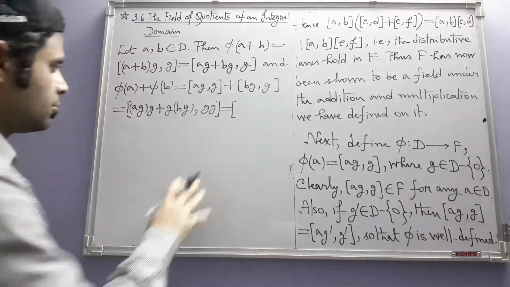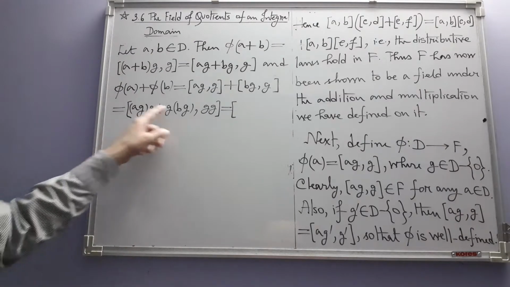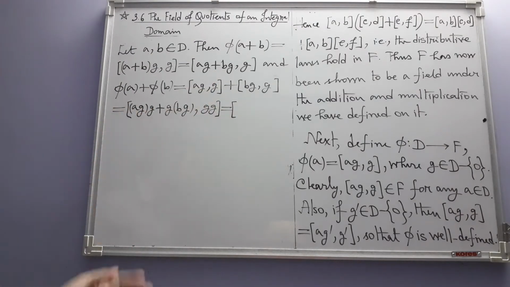I think by now you understand what has to be done. There is an extra G here which we can cancel. Why? That we have already seen before.